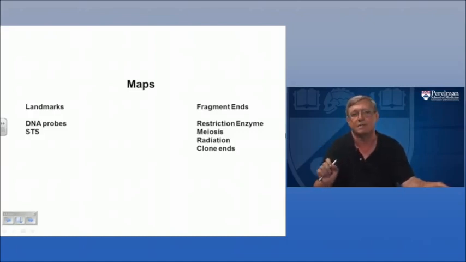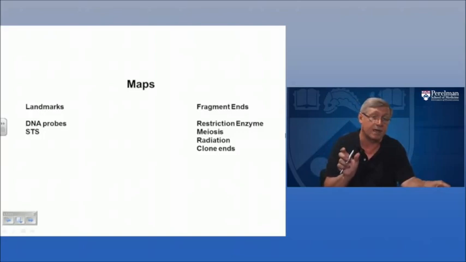And then you map the DNA landmarks relative to where those meiotic breaks occur. Radiation could also be used to generate breaks, usually in the context of a genome within a cell line. And by cloning the DNA, you automatically create two fragment ends, one at either end of the clone. And those can also be used to fragment the genome and then use the landmarks to piece together those fragment ends.